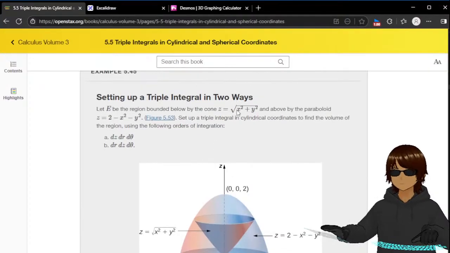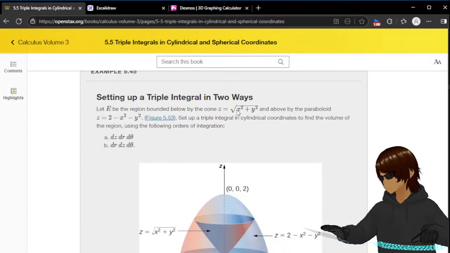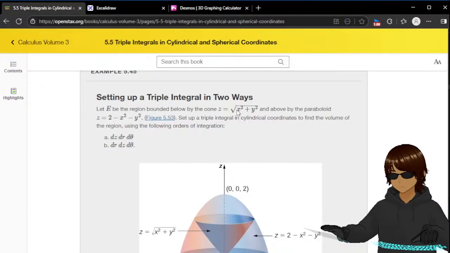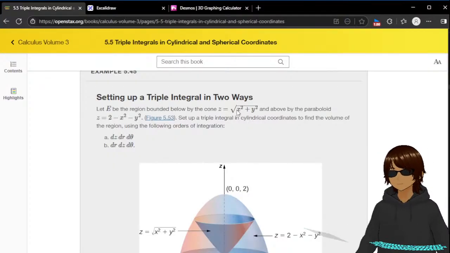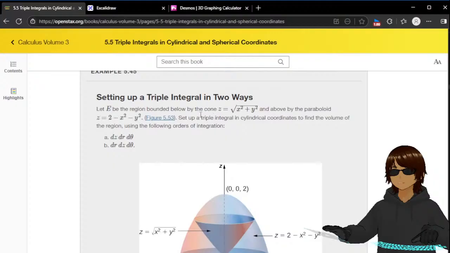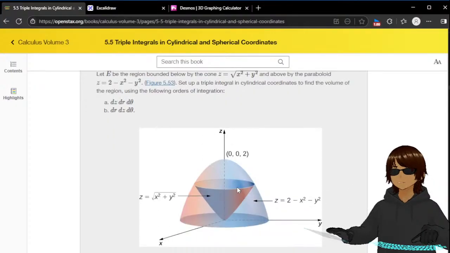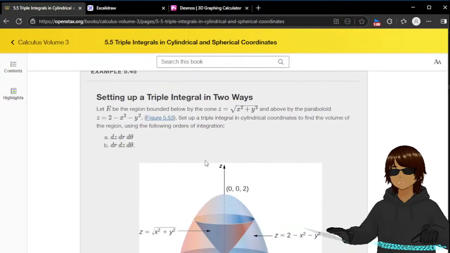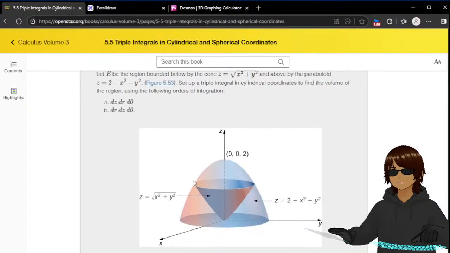So they said this paraboloid, no wait, this cone, right, and then this paraboloid. Bounded below by the cone and the, okay, so they mean this section inside here, not including this or this.